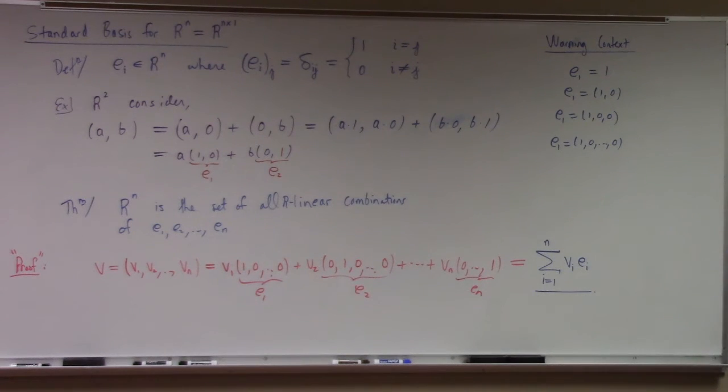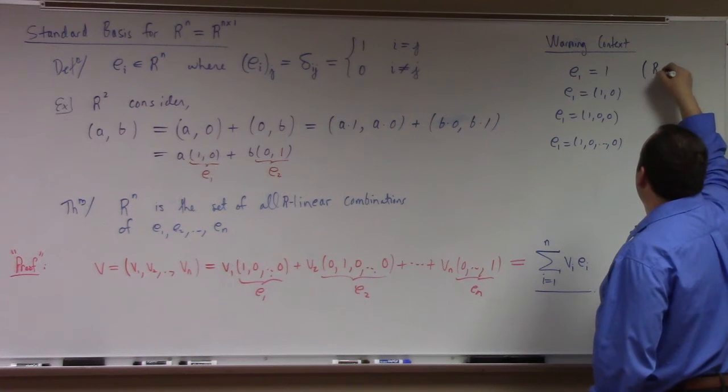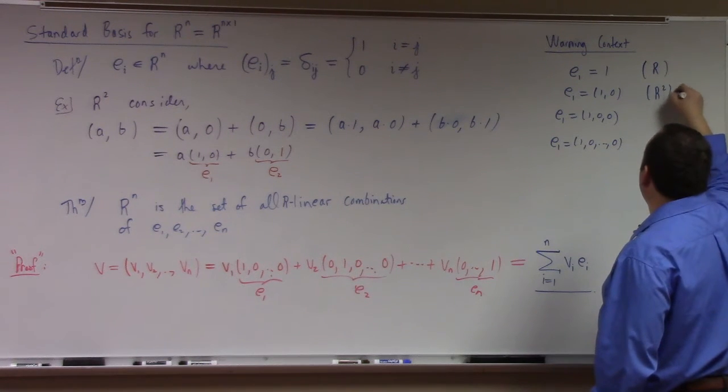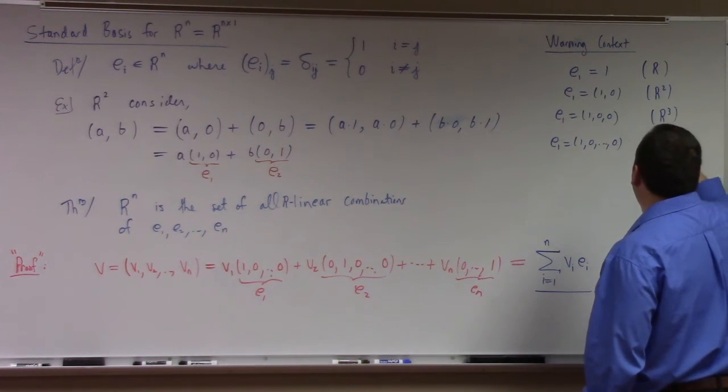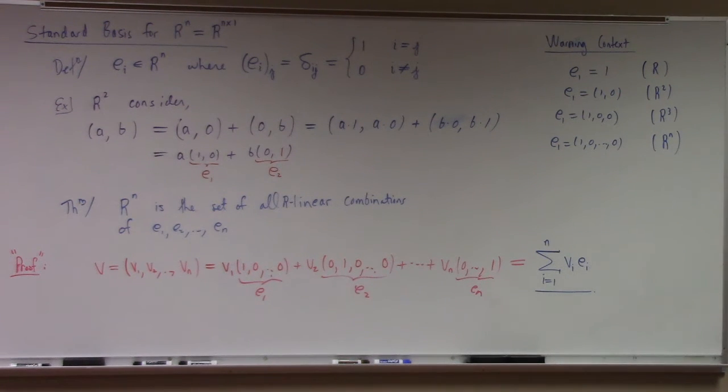It depends on the context, right? This would be for R2, this would be for R3, and this would be for Rn. So the size of the standard basis element can differ. We use the same notation for all of them because actually writing the dimension on the standard basis is horrible. Okay, enough about that.